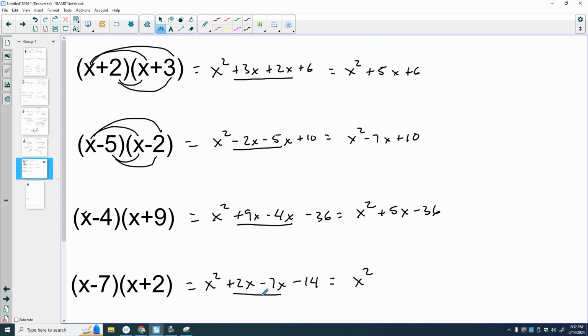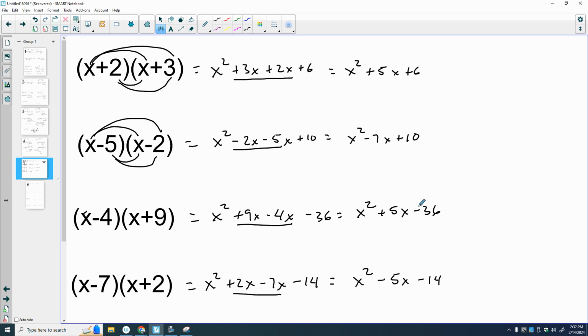Back to pre-algebra. I don't go 2 minus 7. I go 7 minus 2. And 7 minus 2 is 5, once again. But now my larger number is negative, so it's going to be a negative 5x. I take the sign of the larger number after I subtract.